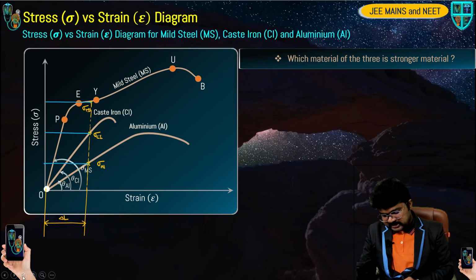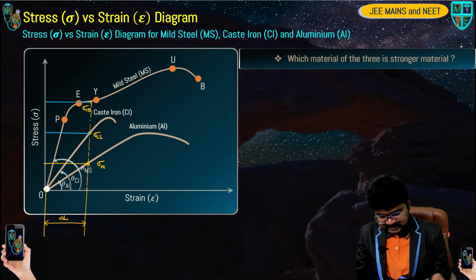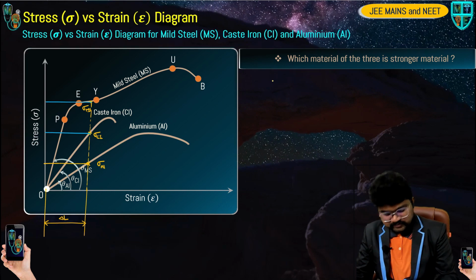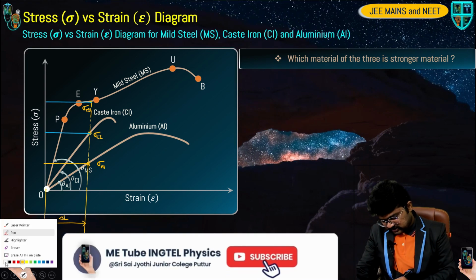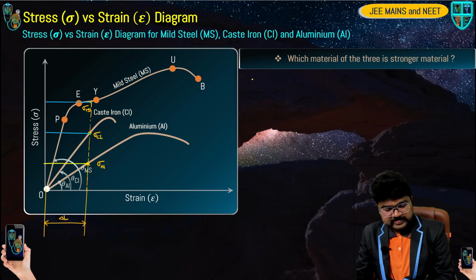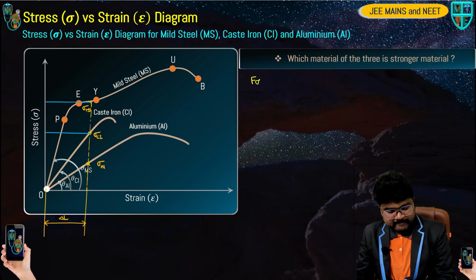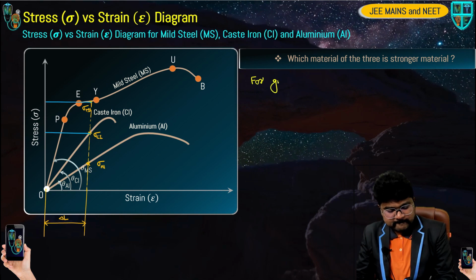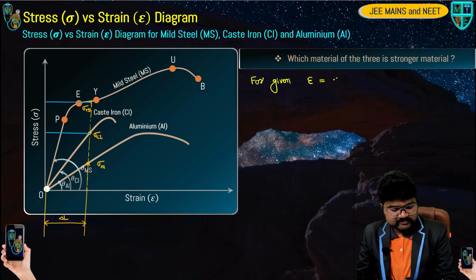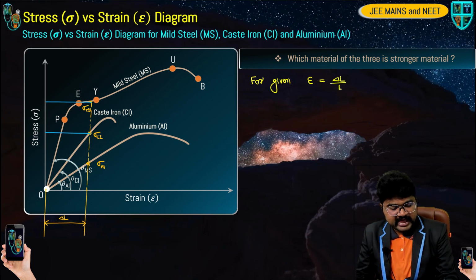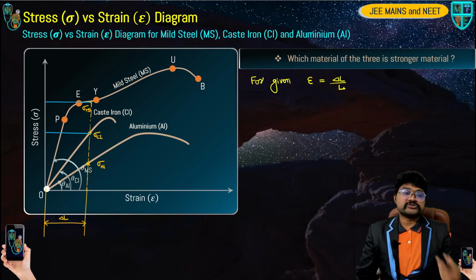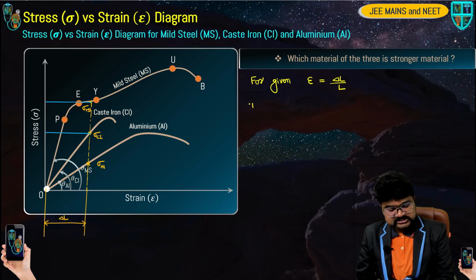Here I can say sigma mild steel will be higher, for a given strain, for a given axial deformation.